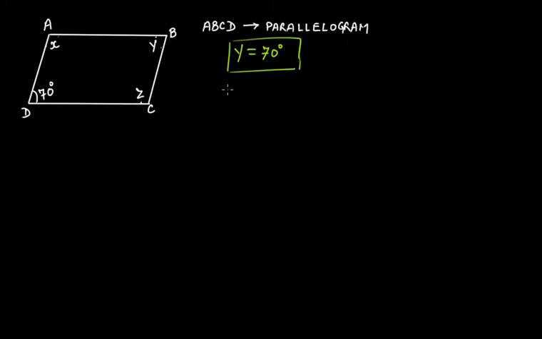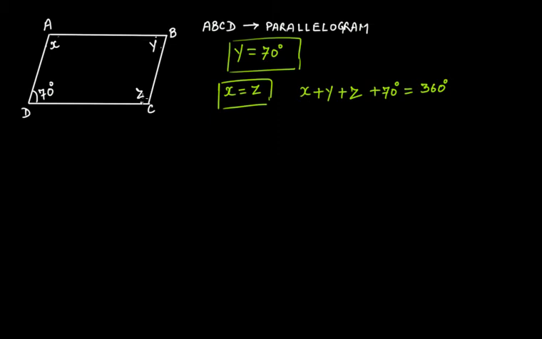Z only. X is equal to Z only. Now X plus Y plus Z plus 70 degrees is equal to what? 360 degrees. The sum of the internal angles of a parallelogram is equal to 360 degrees.